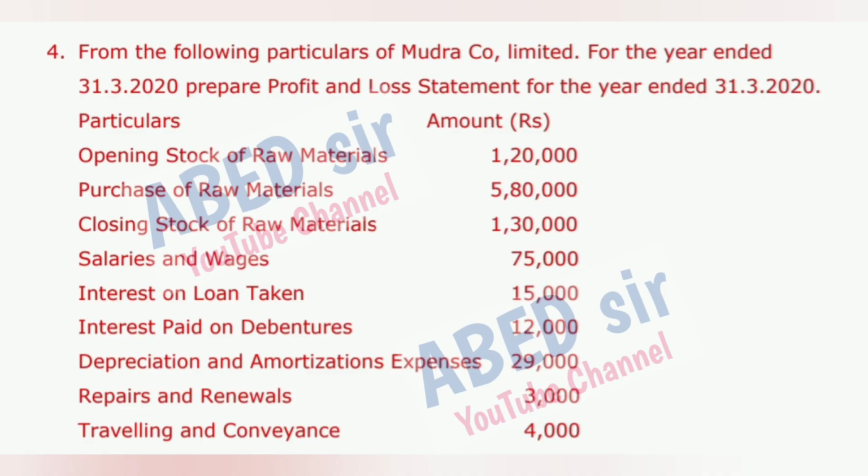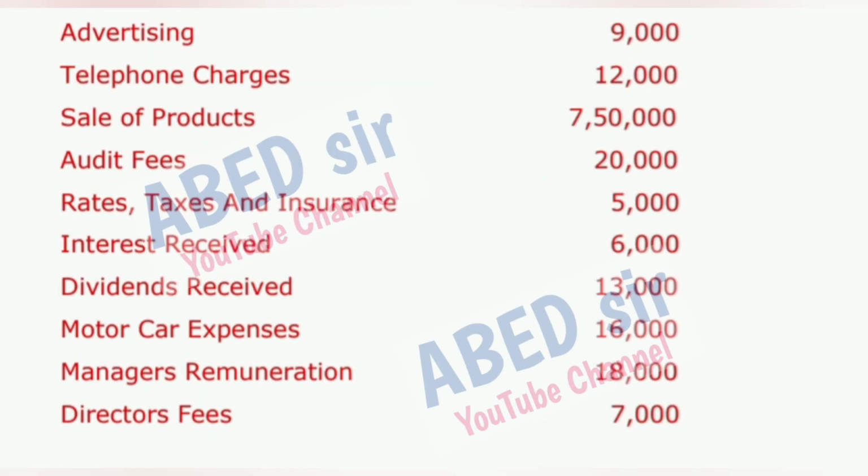Depreciation and amortization expenses 29,000. Repairs and renewals 3,000. Traveling and conveyance 4,000. Advertising 9,000. Telephone charges 12,000. Sale of products 7,50,000. Audit fees 20,000.